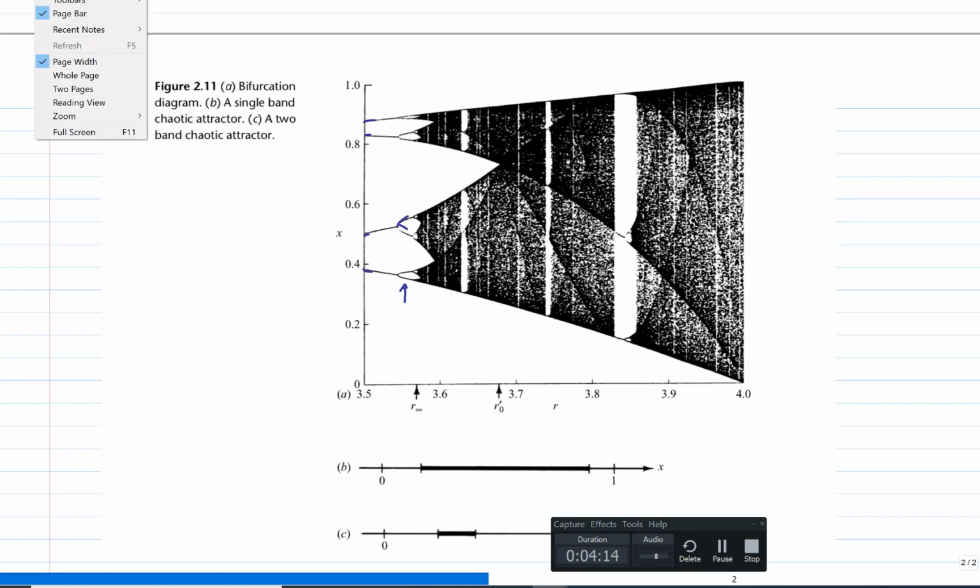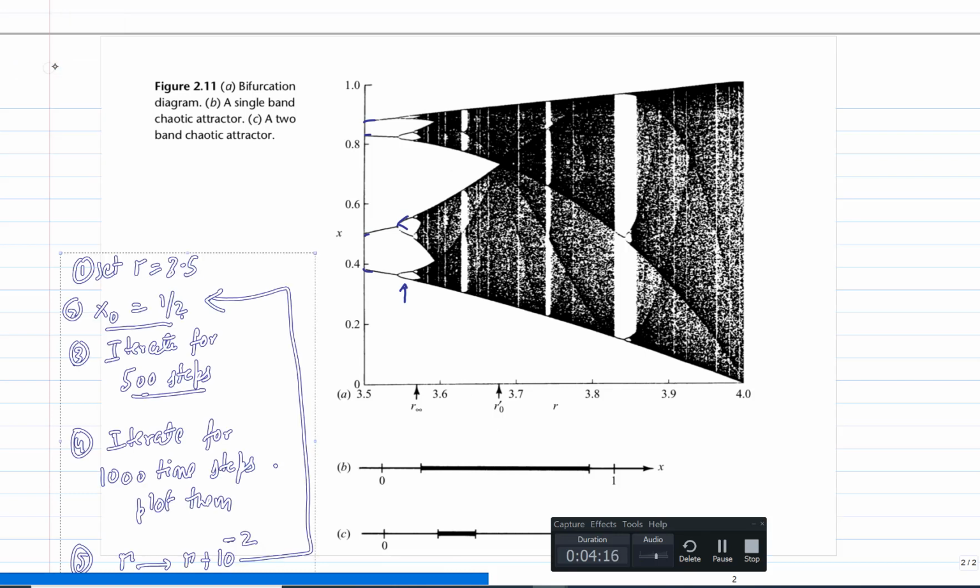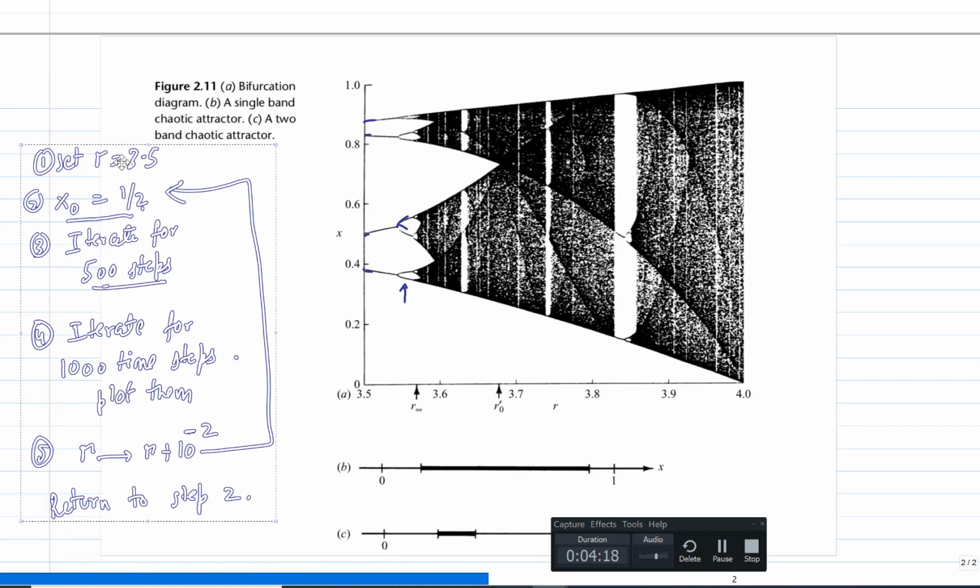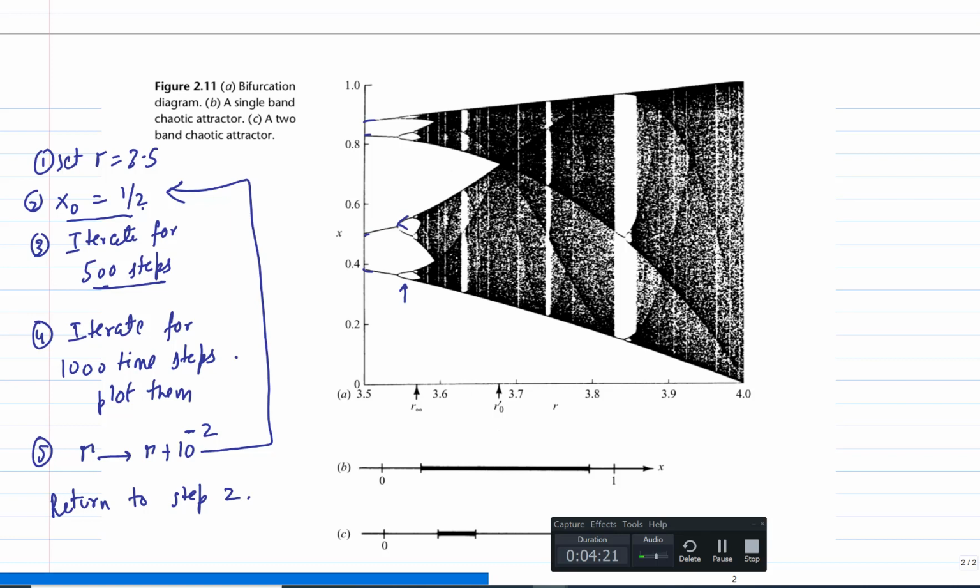So again, I'll mention the algorithm. How do we get such a map or the orbit diagram? Essentially, we start from R. We set R to be 3.5, and we start from an initial condition, let's say x equals half. We iterate for 500 steps forward, and this basically allows the trajectory to settle on this attractor.